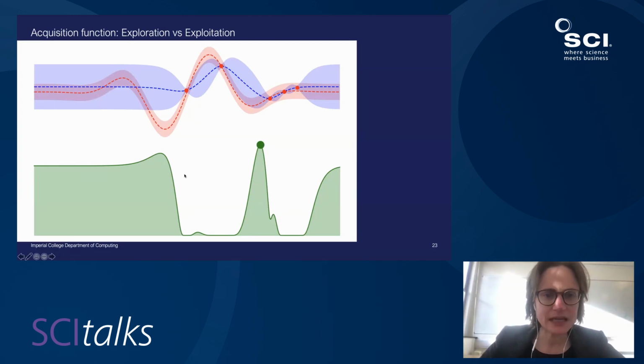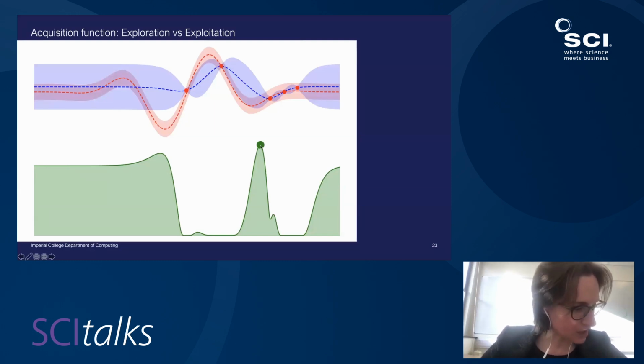So basically what's happening here, and you can see that I've slightly changed the function from the previous slide, there are fewer points just so that I could get a better example. My first guess is, if I combine my uncertainty with my belief about the function, probably I had better sample here.